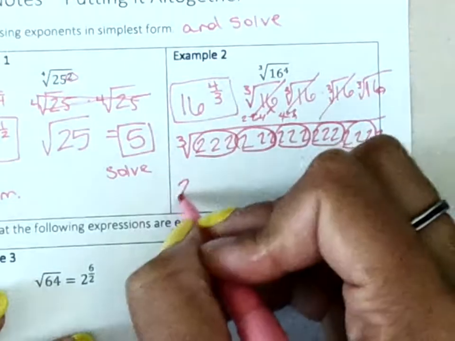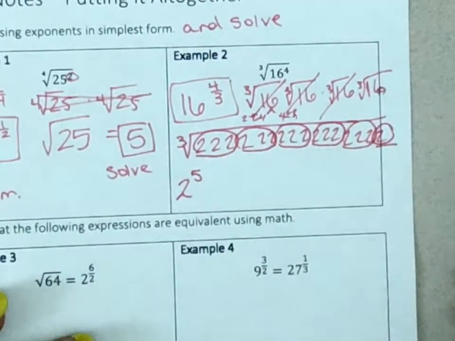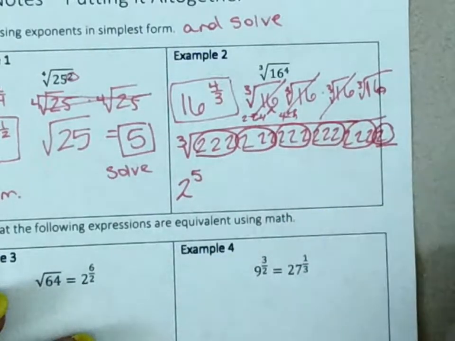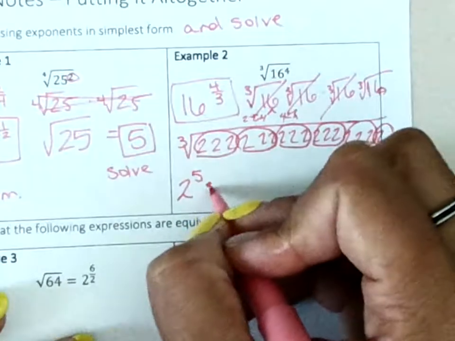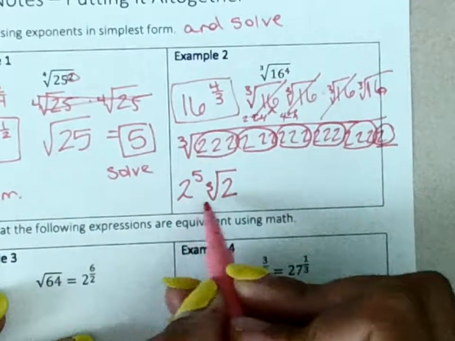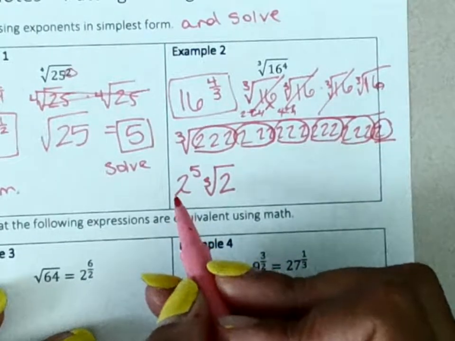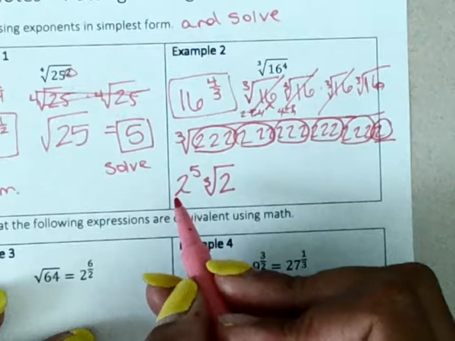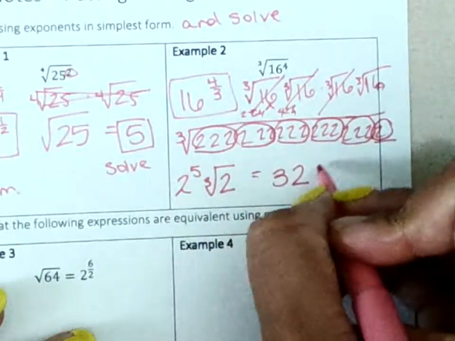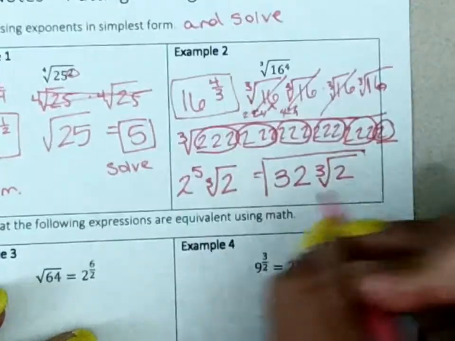So I'm going to bring 2 to the 5th out, and I'm going to leave the one 2 that was on the inside of the radical, because it doesn't have 2 other 2's to group with. Now you could leave it in this form, but if we were to multiply out 2 5 times, or simply evaluate 2 to the 5th, that would give us 32 cubed root of 2.